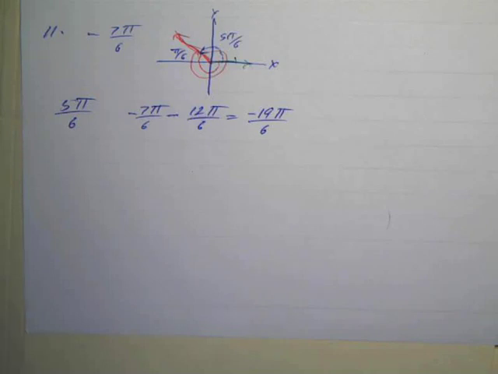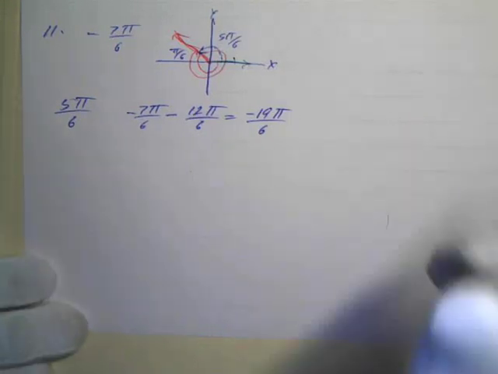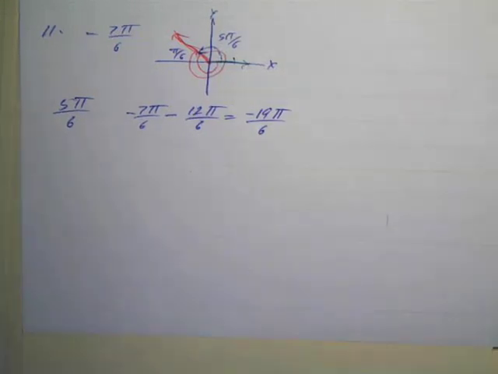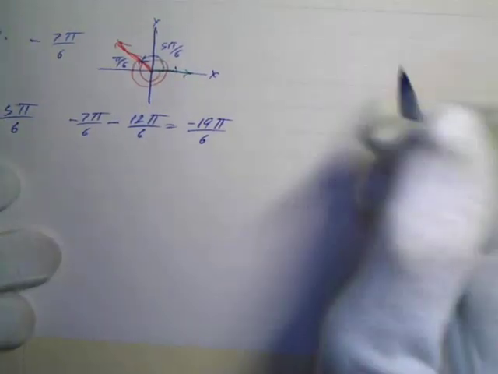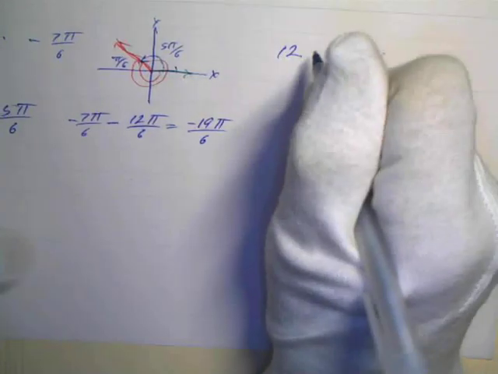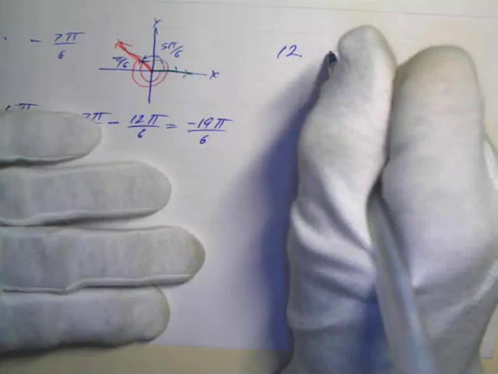And the other ones, like I said, you could just add and subtract 360 or 2 pi, and then it should work out. So like number 12. Here's number 12 over here. The angle was 3 pi over 4.